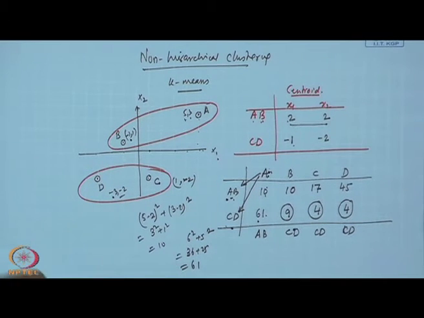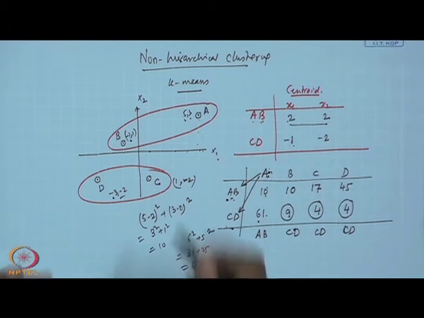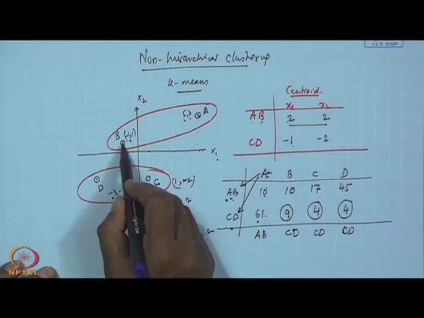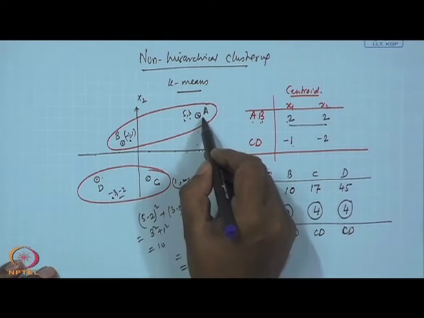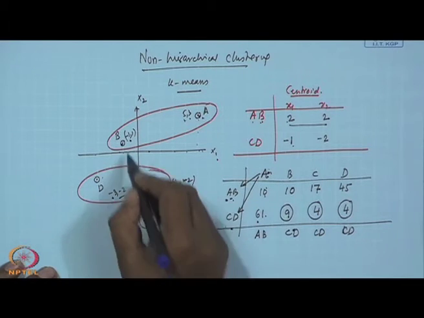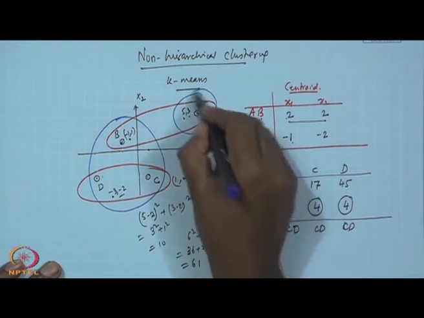So, accordingly, and it is quite obvious, because if you see here, this is quite far away compared to, even if I compare B and D, it is nearer than A and B. So, our new cluster is like this one and this one.